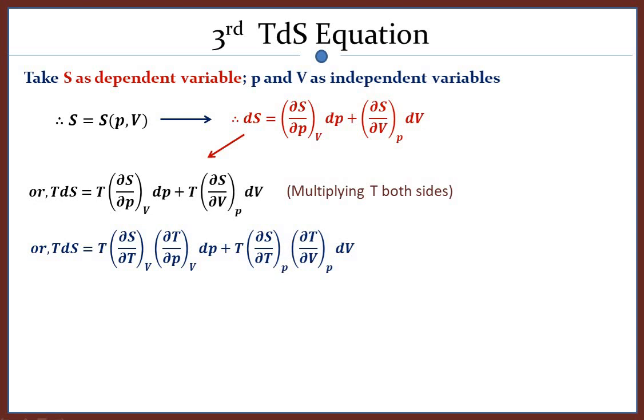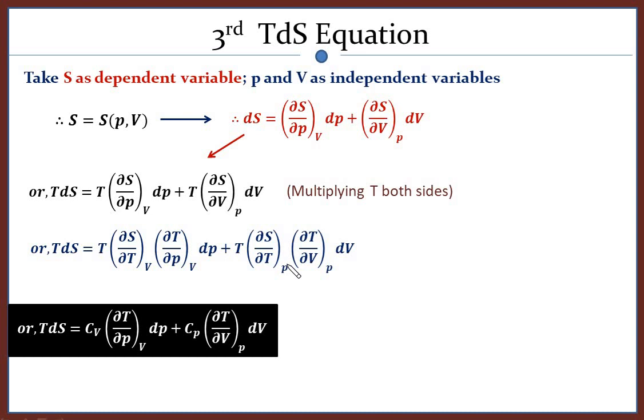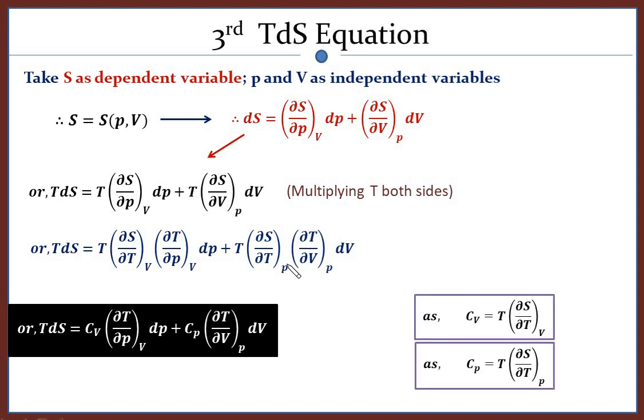Now this term and this term look familiar, this is Cv, this is Cp. So we will have TdS equals Cv (del T/del P)_V dP plus Cp (del T/del V)_P dV. Okay, and this is the third TdS equation.